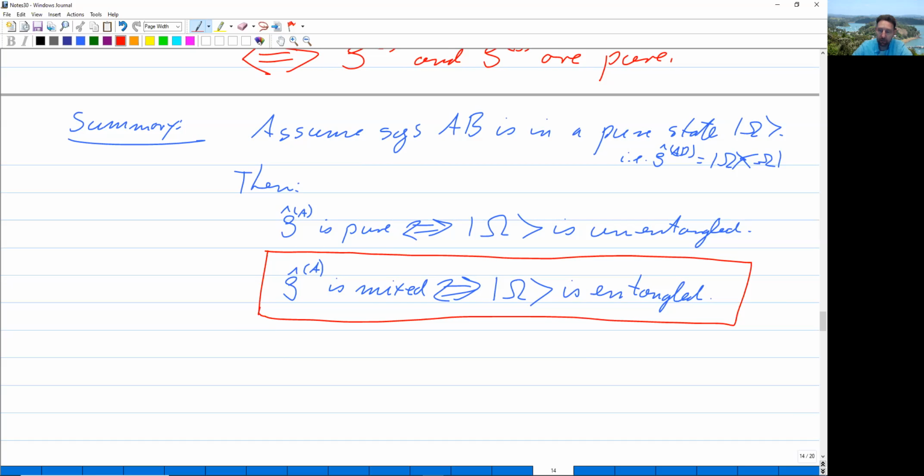Now it turns out that not only is it true that when you have a composite system that is in a pure state, which is entangled, then each of its two subsystems is in a mixed state. No, there is also a dilation theorem.